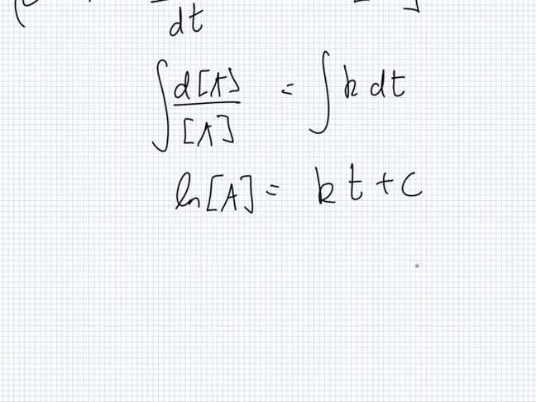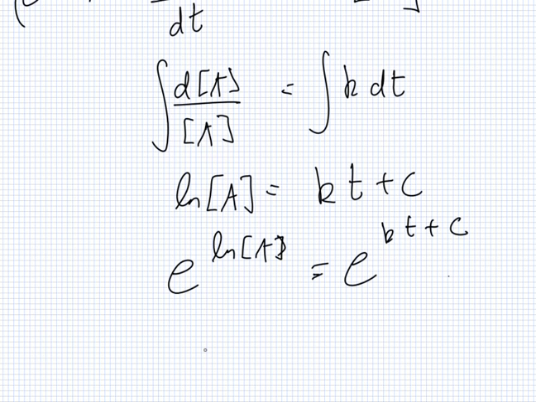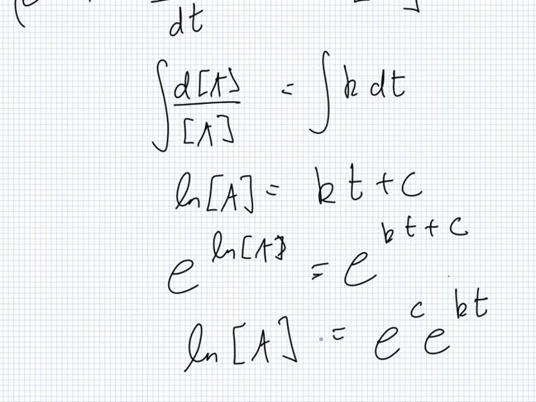If I put e on both sides now, I get e to the log of the concentration A. Do you use the same symbol for concentration with the square brackets or not? You do? Okay. That equals e to the kt plus c. So A equals e to the c times e to the kt. Oh, sorry, e and log cancel.